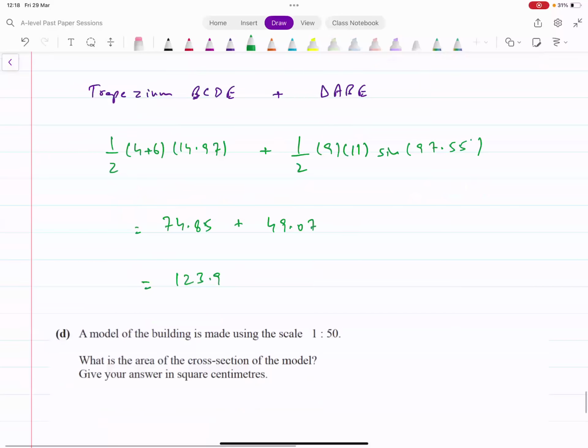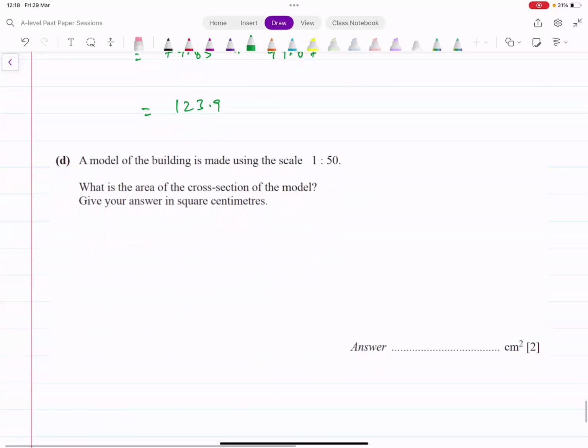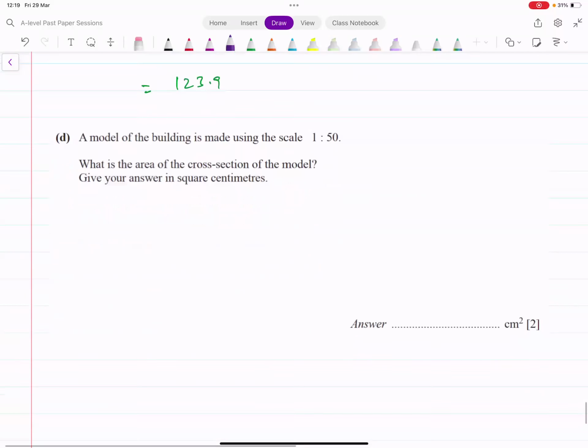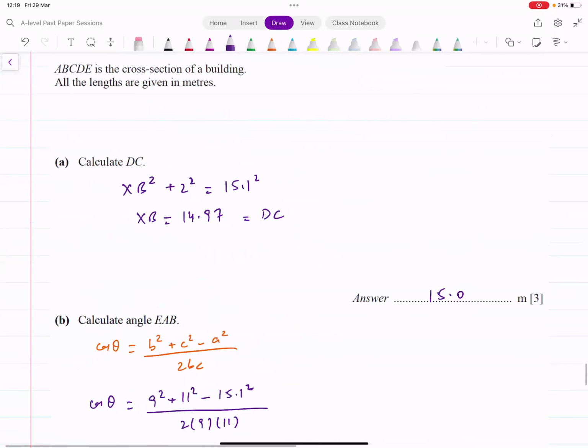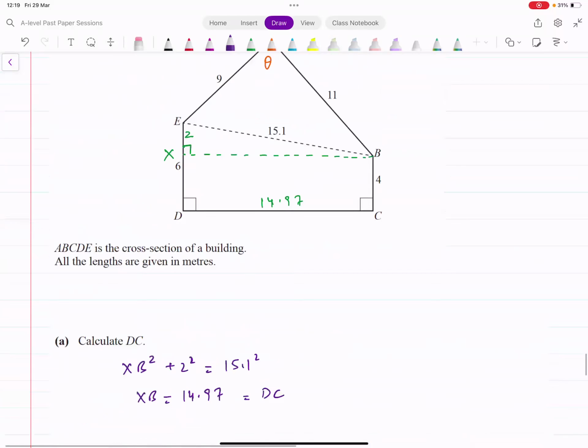Now it says a model of the building is made using the scale 1 to 50. What's the area of the cross section of the model? Give your answer in square centimeters. So the model is made using this scale 1 to 50. Original unit is meters.